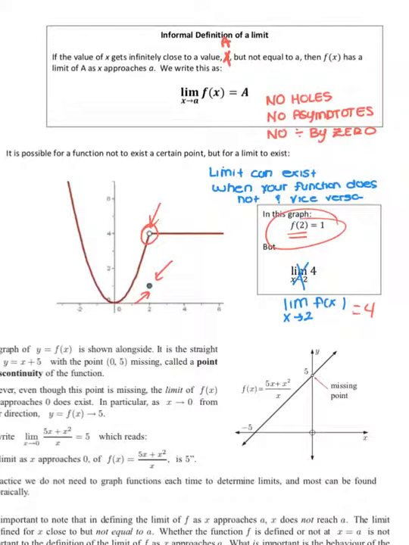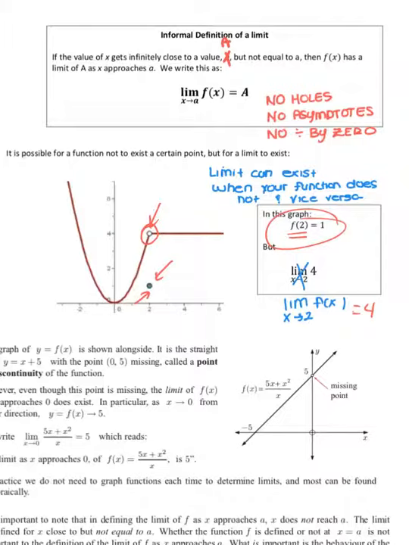Your function can exist when your limit doesn't exist. Well, we're going to take a look at the end. I have 3 graphs that will make all this clear. Okay? So just bear with me for a moment. And then at the end, we're going to look at 3 different cases that will, I think, solidify your understanding.